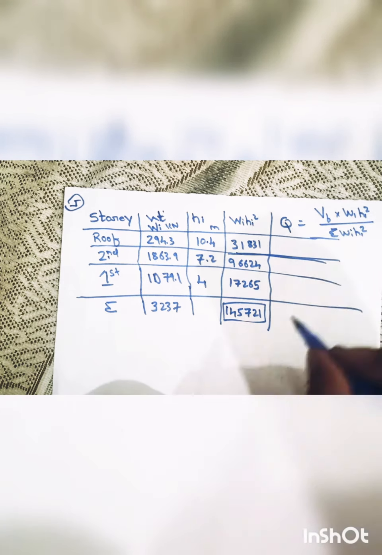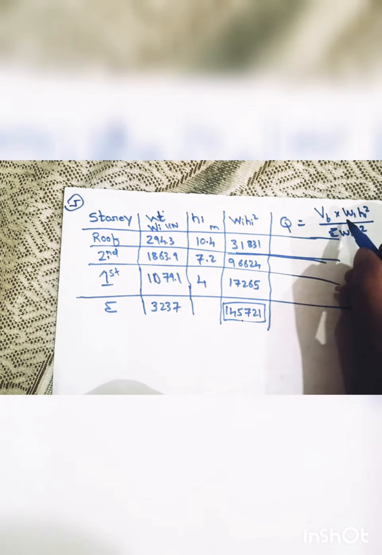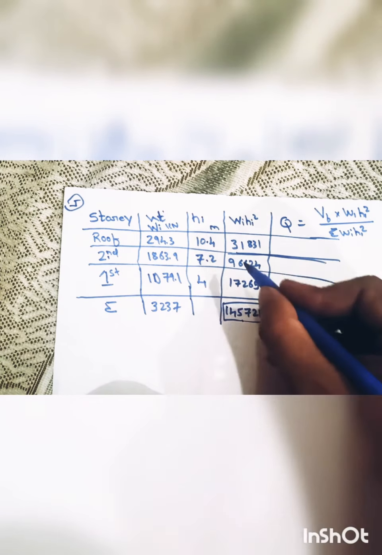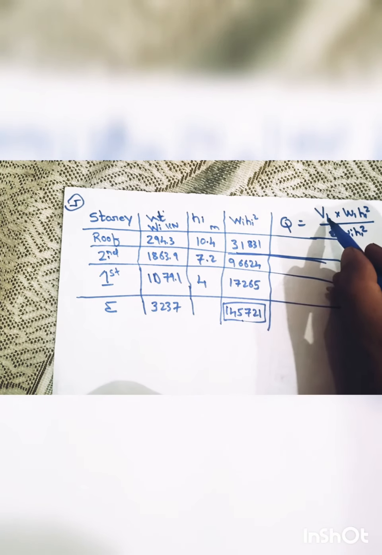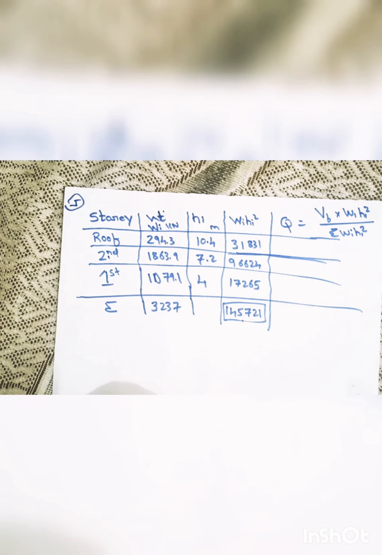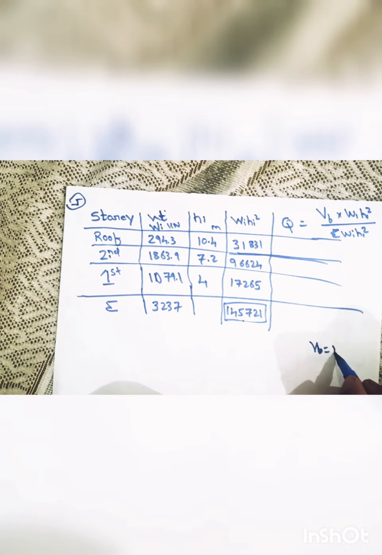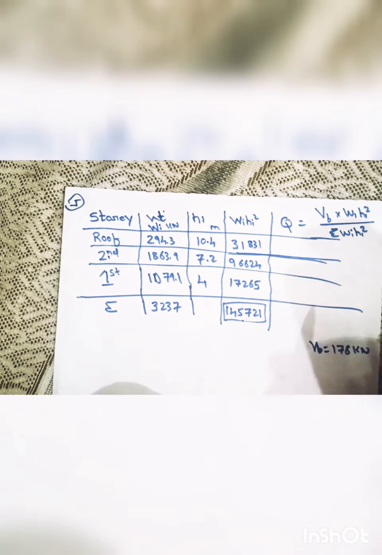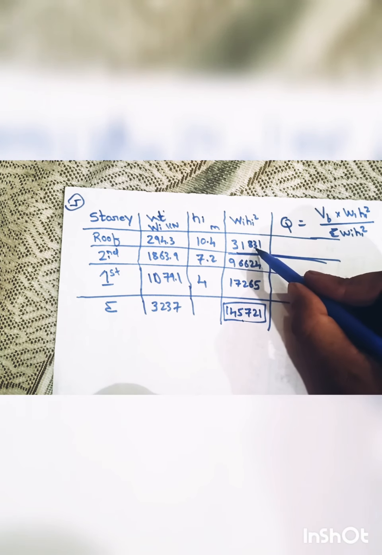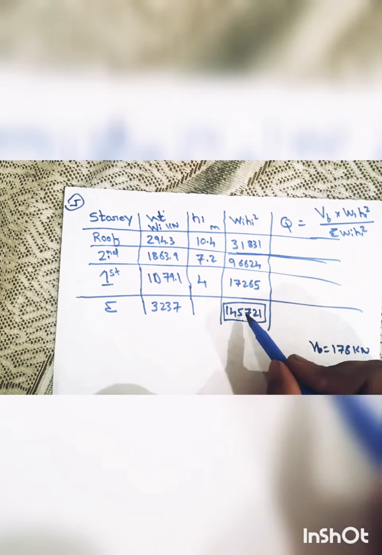Here summation of Wi hi square is this one, and these values we can take as these values. So VB is 178 kilonewton, right? Wi into hi square is this value, 31831, divided by this value.